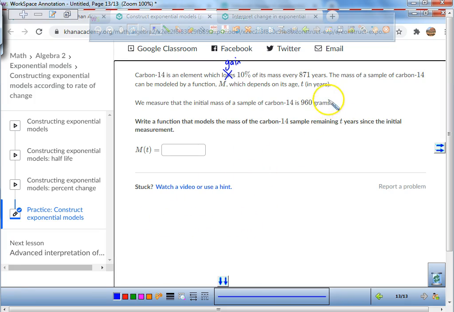What's our initial value? 960. And if it gained 10%, what would be our growth factor? What do you guys think? If we start with 960 and we gained 10%, what do we already have? We already have 100%.